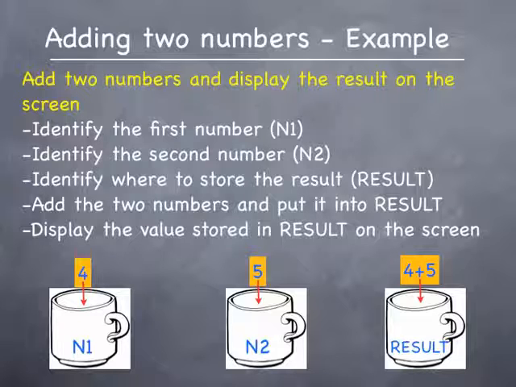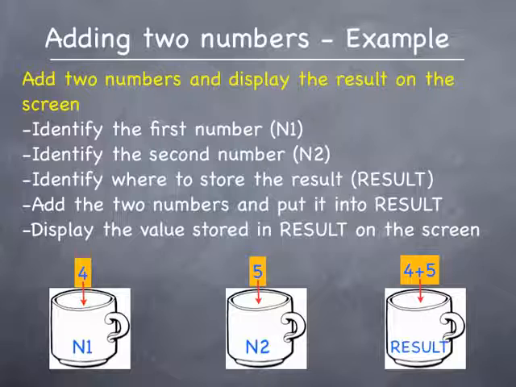We then add the two numbers by performing the addition operation. The result of the addition is then put into result. Finally, you can display what is contained in result, which would be the value generated by the addition of the two numbers. To give you a visual representation, three containers have been displayed. The first container is given the name N1 and it stores the value 4.